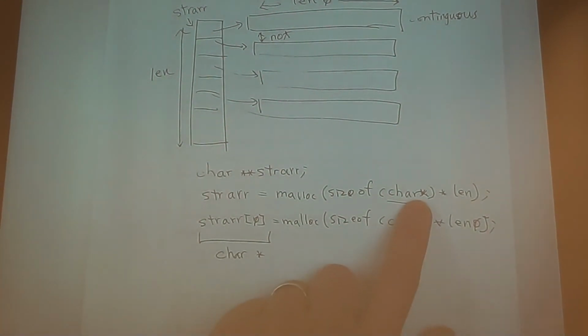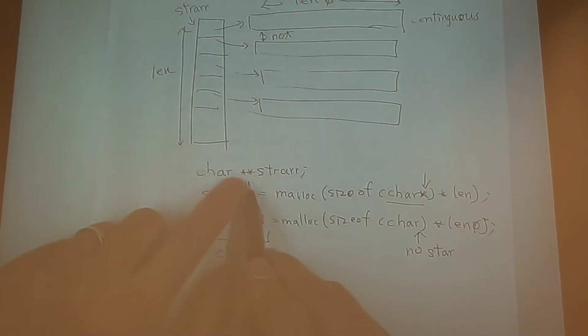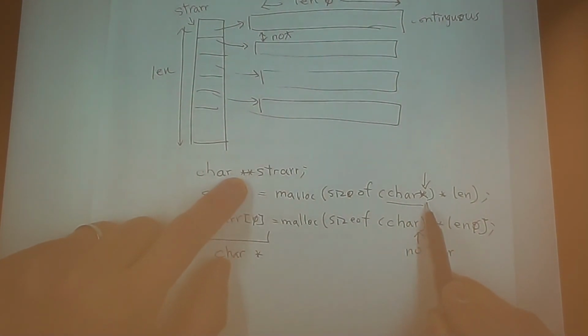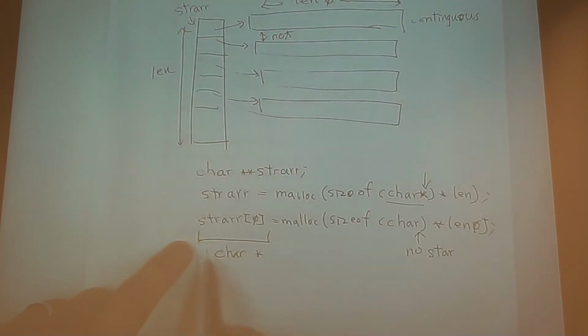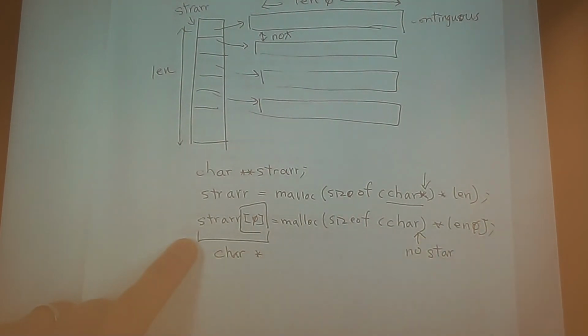There's no star there. You need one star here because you have star star; with star star size of, you remove one star. Once you have the first element, this one will be character star because this will be an element, therefore there's no star there.